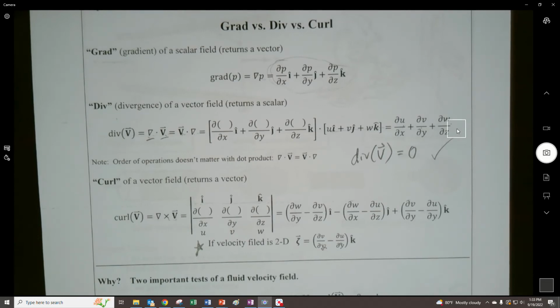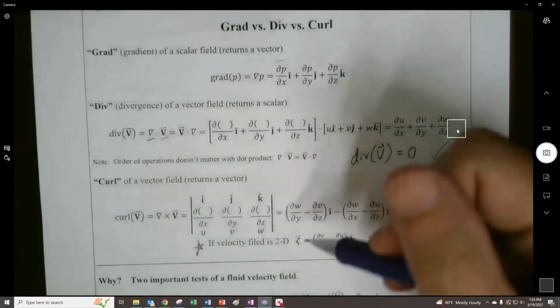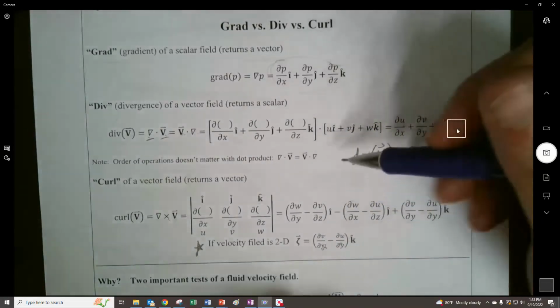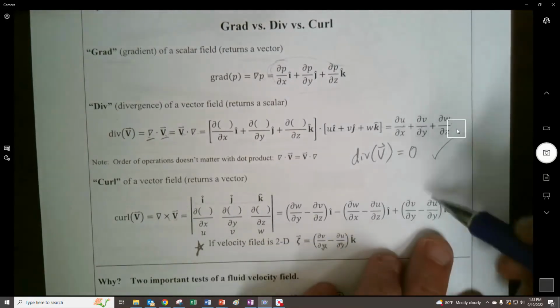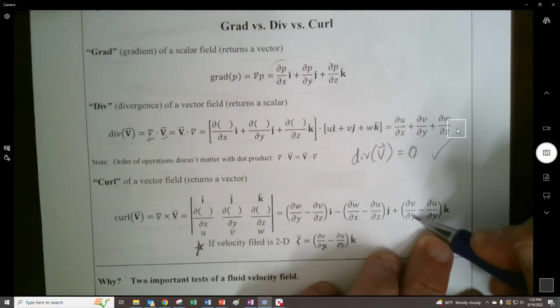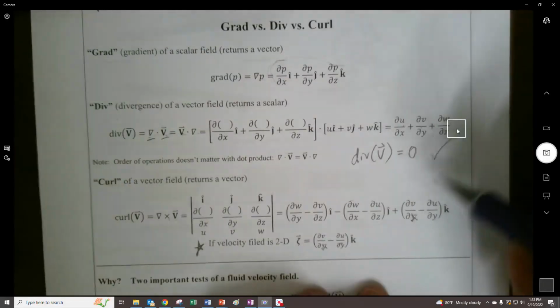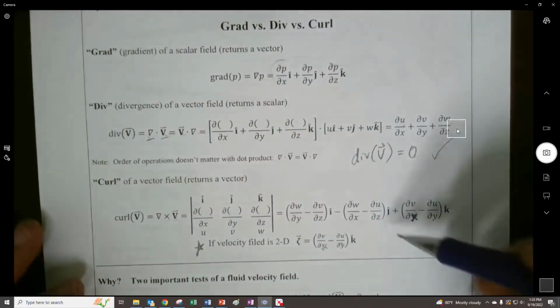So let me see, where do we have in the book for the cross product? You can probably just look and see on your own. Yeah, it's supposed to be del V, del X. Yep, and then del U, del Y. Yes, it makes sense because I think it's written wrong up here too. And I bet that's going to be wrong the next time I teach the class because I'm going to forget to change it.